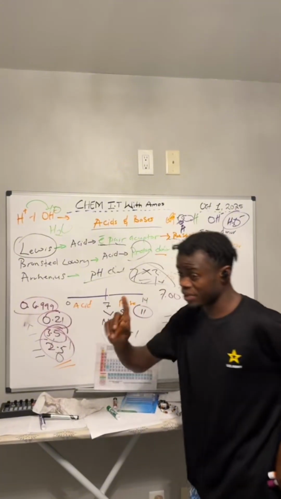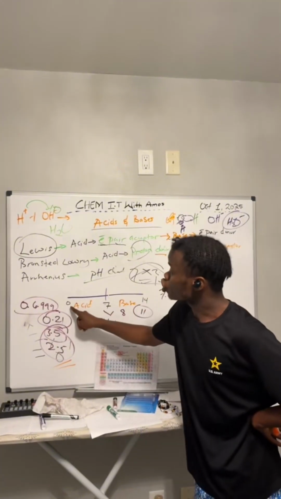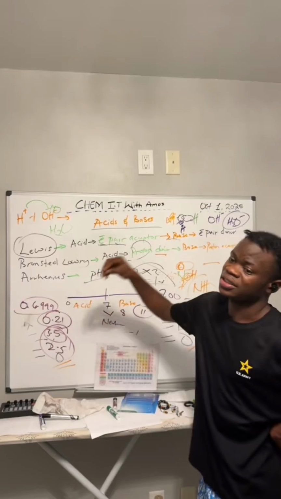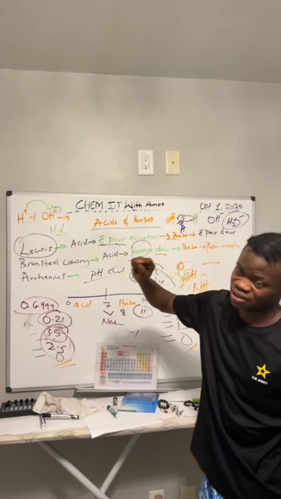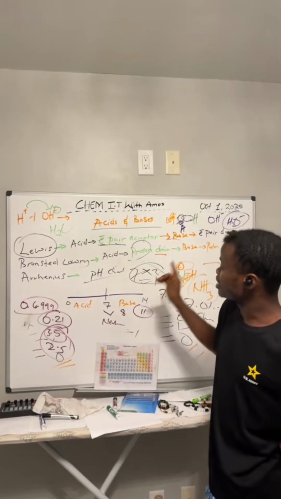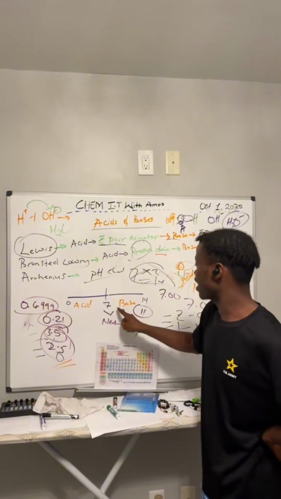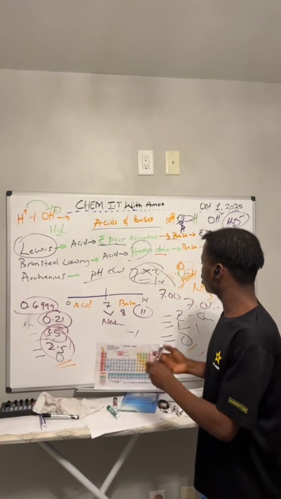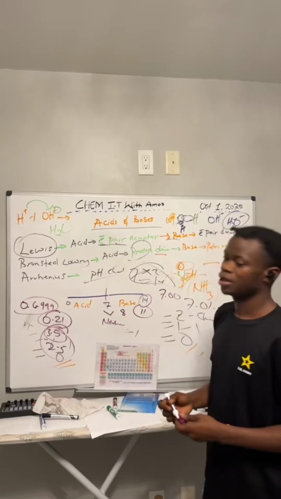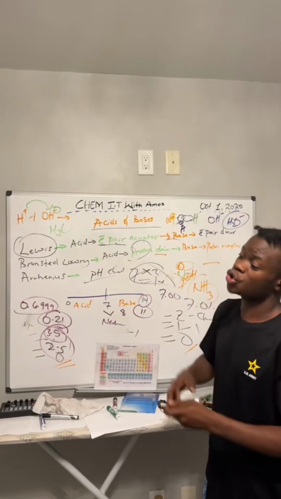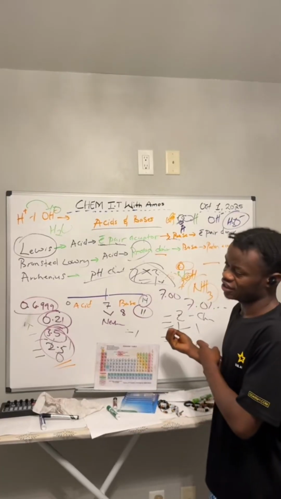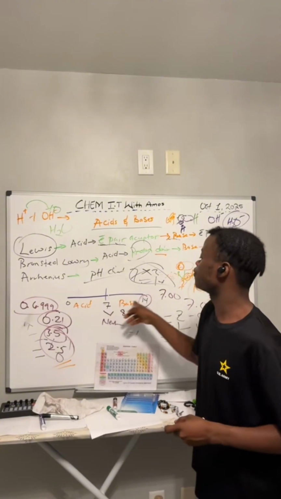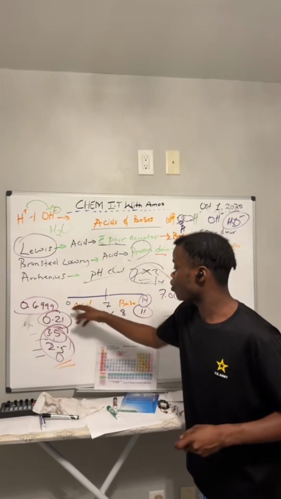For this, I repeat, the smaller the number, the higher the strength of the acid. So for base, the higher the number, it tells us how strong that base is. Because from here to here is far, but from here to here is also far.